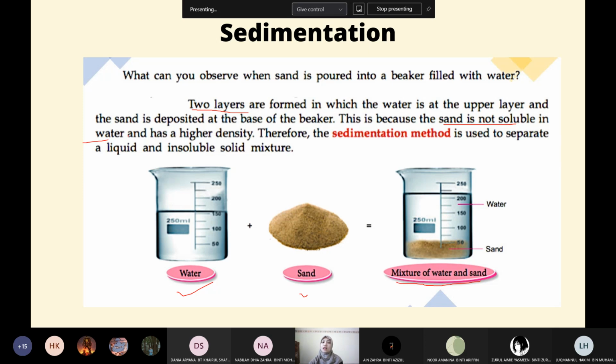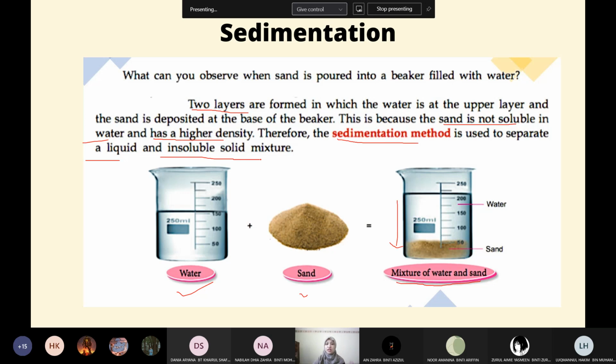Sama maksud dengan insoluble, and sand has a higher density. So that's why sand dia duduk dekat bawah ni, deposited at the bottom base of the beaker. So we can use sedimentation method to separate a liquid and insoluble solid mixture.